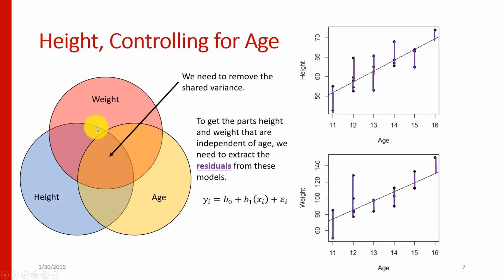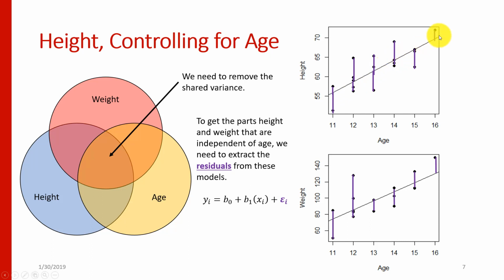Now, in order to get the parts of height and weight that are independent of age, we need to extract the residuals from each of these models. I've highlighted the residuals both in the equation and here on the graph using these purple lines. So for height and age, the part of height that's explained by age is on our best fit line. This is what we would predict your height to be given your age.